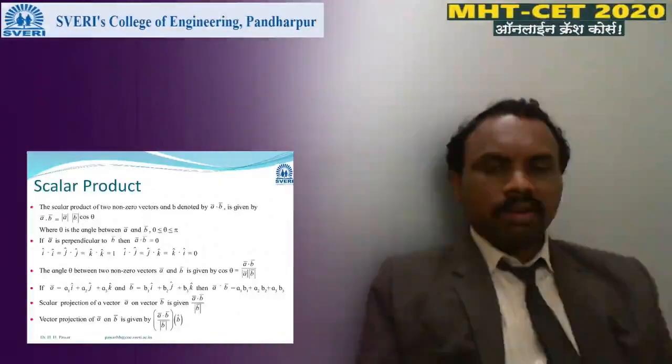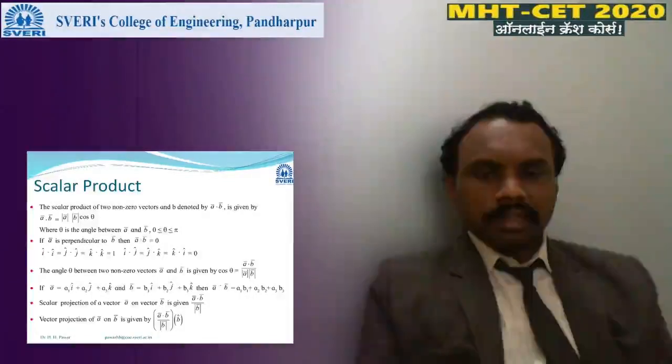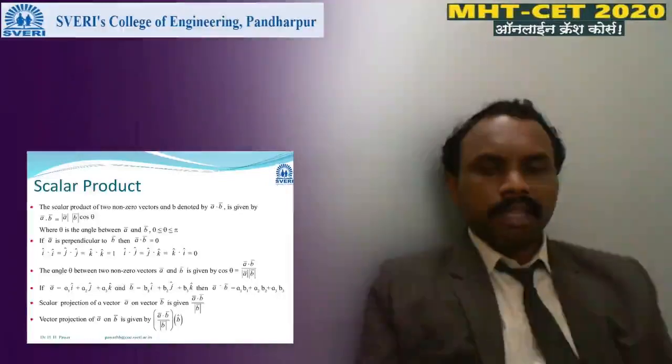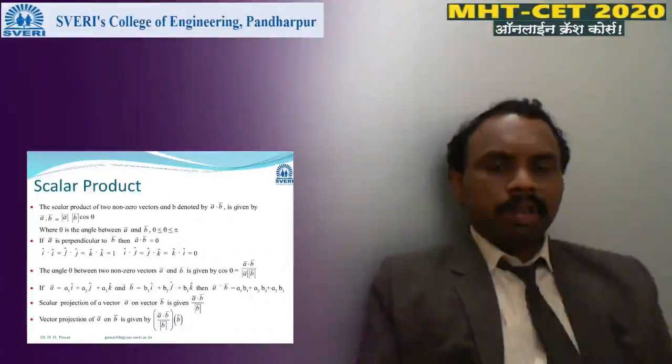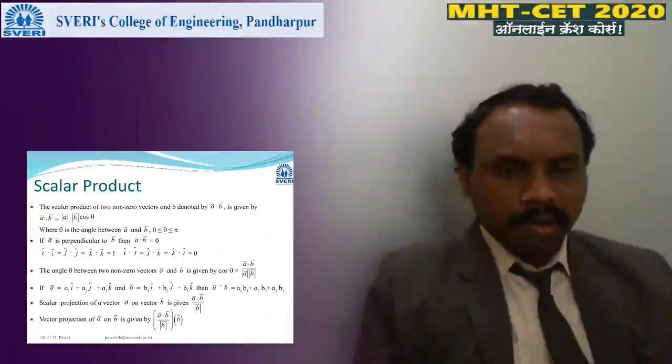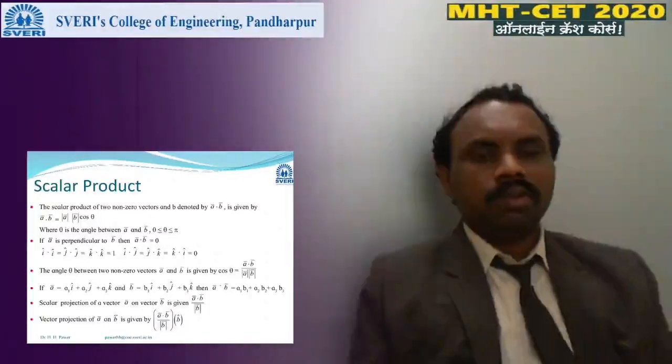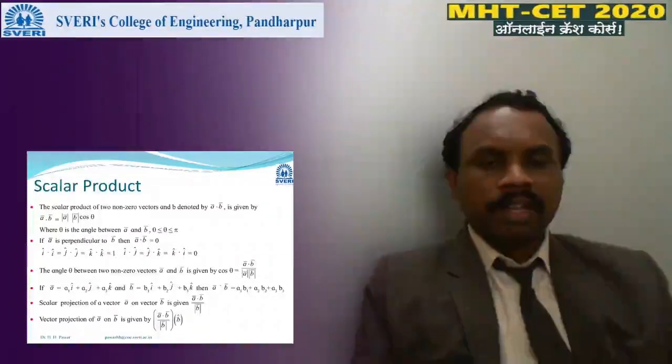Also take a note that i cap dot i cap is equal to j cap dot j cap is equal to k cap dot k cap is equal to 1, and also note that i cap dot j cap is equal to j cap dot k cap is equal to k cap dot i cap is equal to 0 in this case.